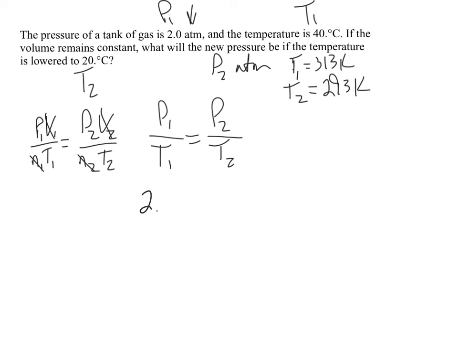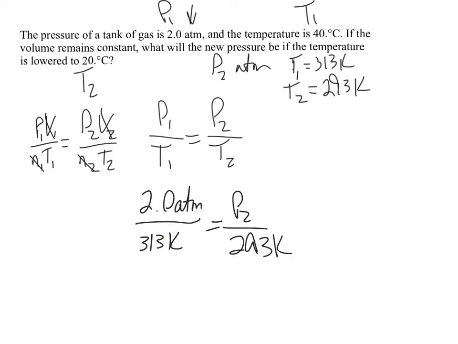So 2 atm over 313 Kelvin is equal to a new pressure over T2, which is 293 Kelvin. Our pressure is in the numerator, so we can leave it up there. We don't have to try to do any fancy algebra or cross multiplication.